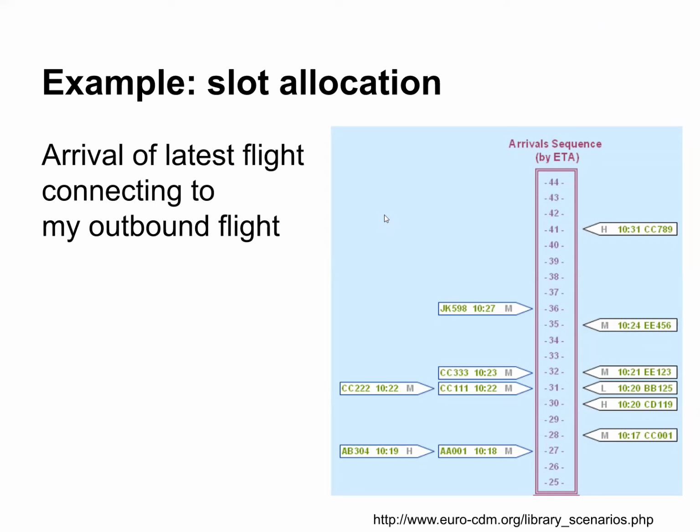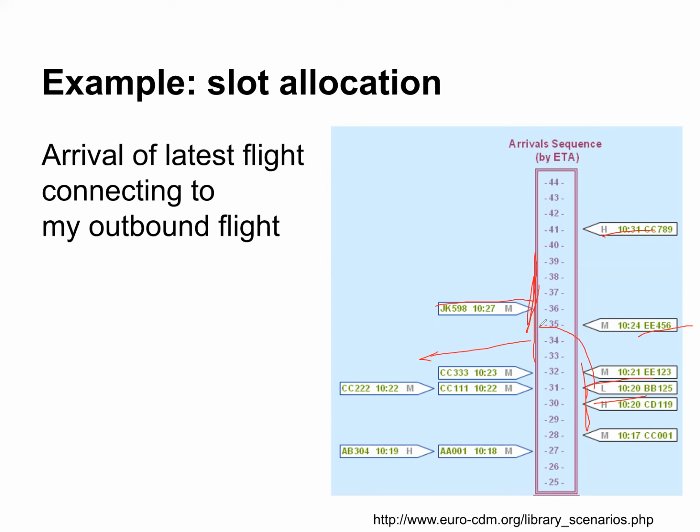And coming back to our running example, the slot allocation, in principle, you only care about which slot you get. But what happens is that you may have an outbound flight. So maybe you're arriving at some point of time, and there is some slot that you will get among these. You may want to get the earliest slot, but maybe there are also other inbound flights, and before you depart, all of these have to land because maybe you have connecting passengers from those ones to your aircraft.